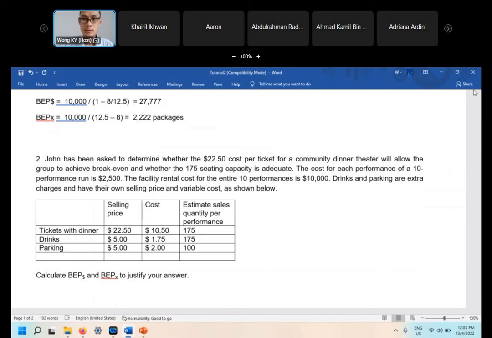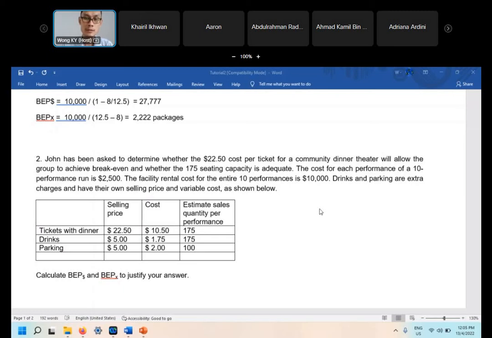So the next question. There's a guy called John. John has been asked to determine whether the $22.50 cost per ticket for a community dinner theater will allow the group to achieve break-even and whether the 175 seating capacity is adequate. So the ticket is sold at $22.50 per ticket.